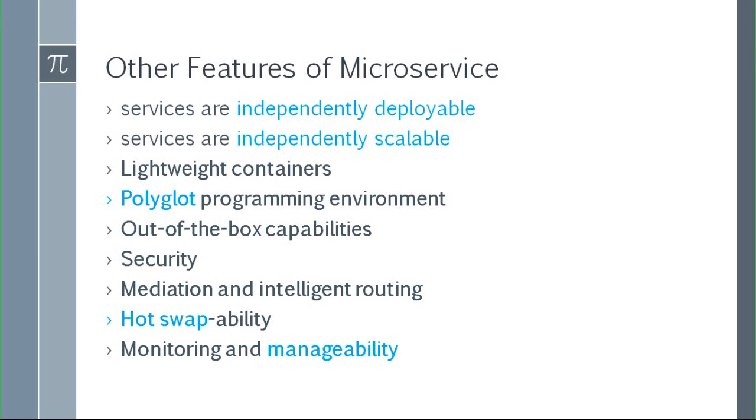Also another feature is lightweight containers. For example, you can have a Docker container for the order service, another Docker container for recommendation, another one for user feedback, another one for membership, and so on, like the system that Amazon has.